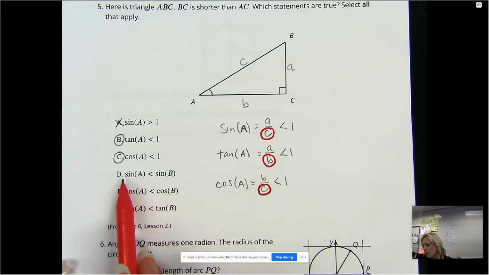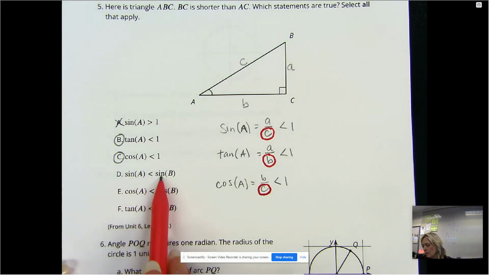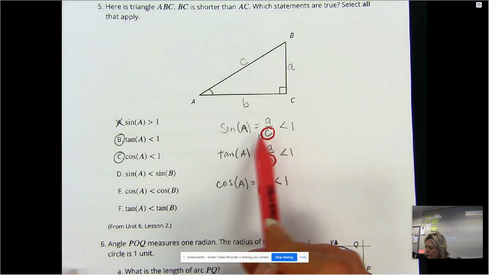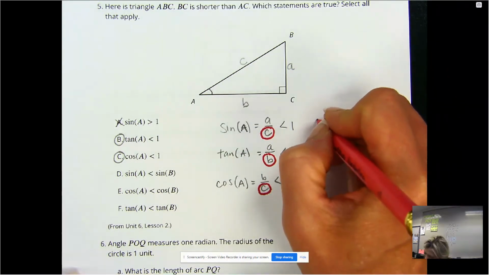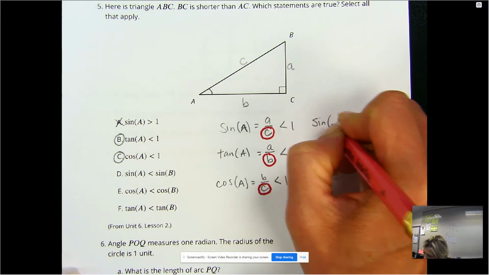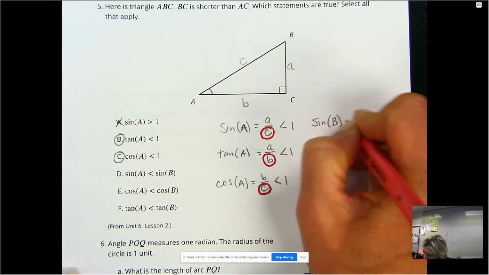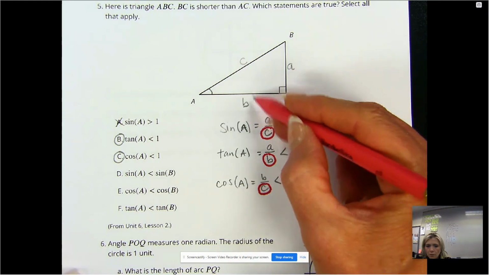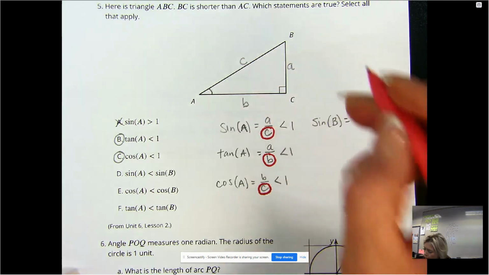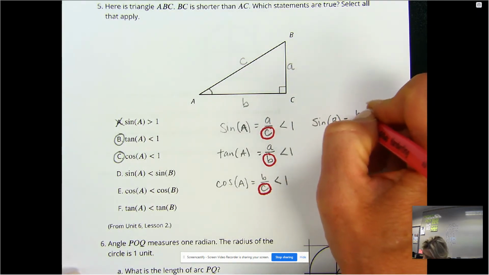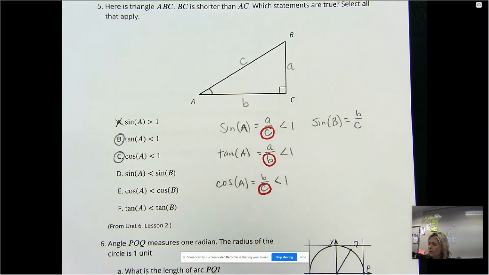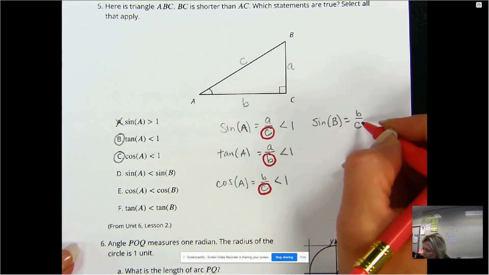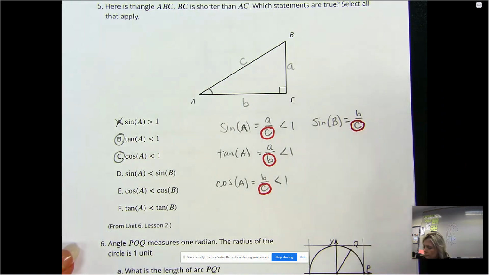Okay, next, sine A is less than sine B. So we already have sine A up here. Sine B, the sine of angle B, is equal to its opposite over the hypotenuse. So B over C, side B over side C. So when I compare these fractions, those are the same.